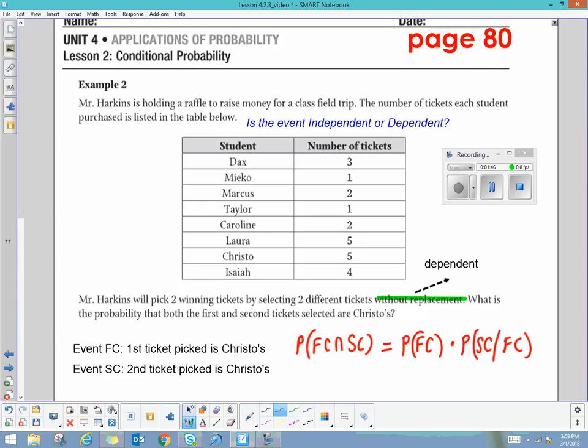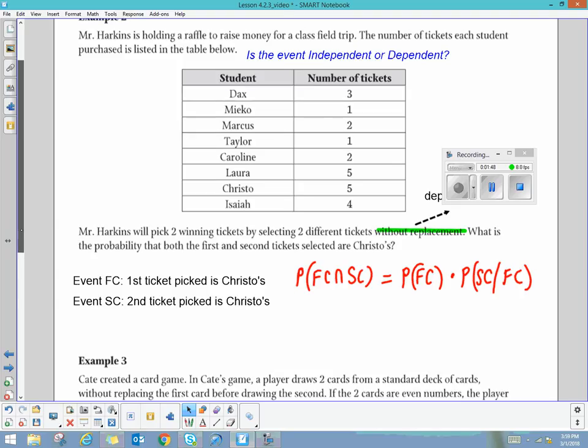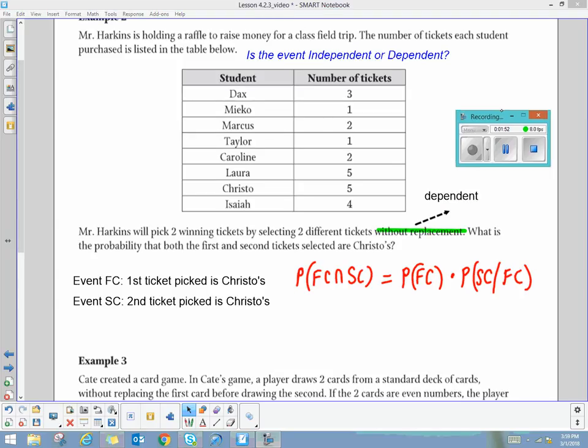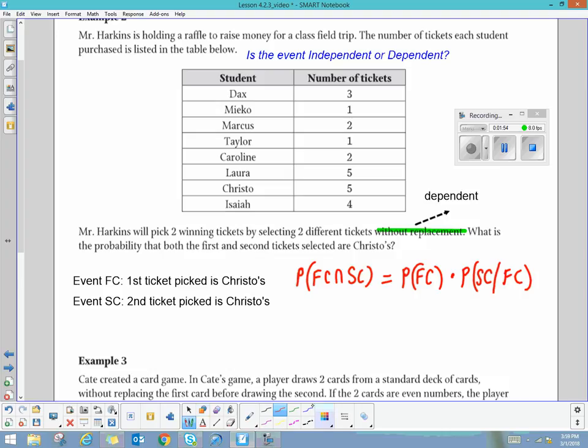Okay, so let's substitute now what we know. So if you add up all of these tickets, there's actually 23 total tickets. So Christo has 5 of the 23 tickets.